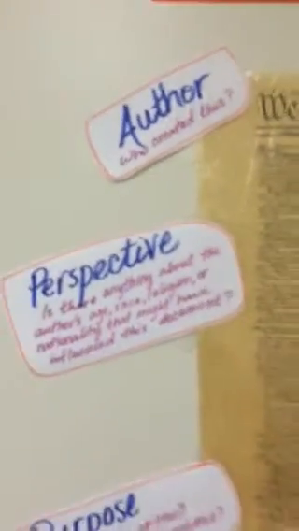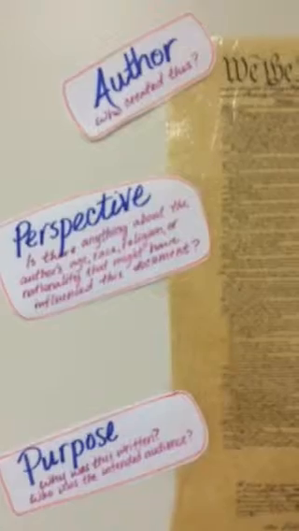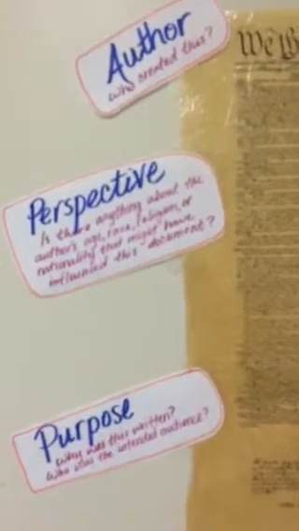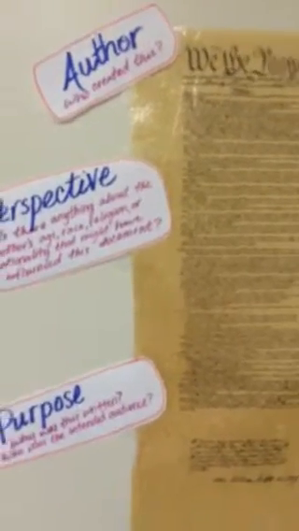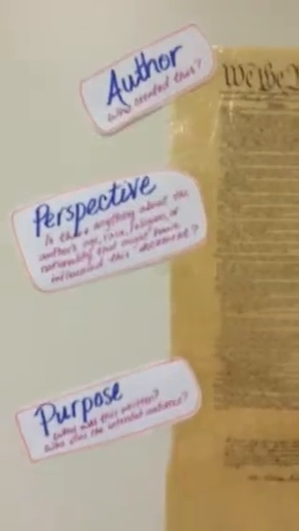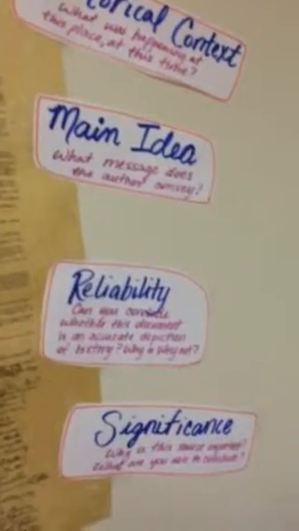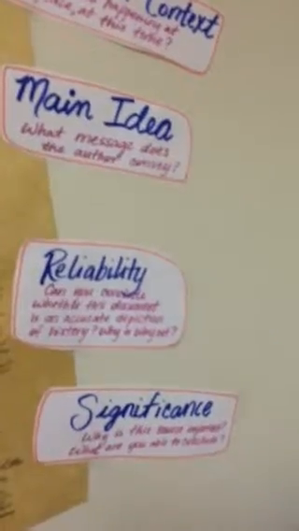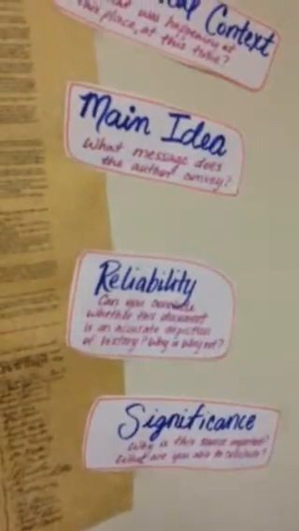I didn't stick with any of the acronyms, so I didn't do OPVL or SOAPSTONE. I just sort of did general things I want them to always consider. So I incorporated SOAPSTONE and OPVL things when doing this, but I plan to use this year. I just made it the other day.